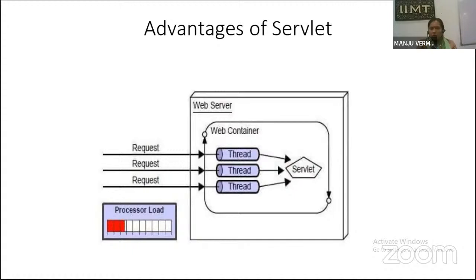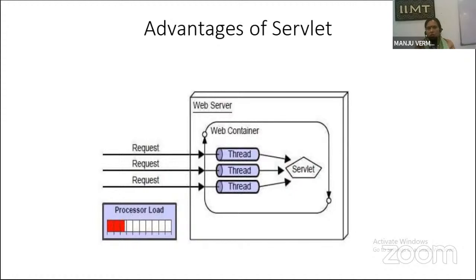Like the CGI, whenever a request is sent by a client, CGI every time generates a new process. But in the servlet, for each request, there is only one process, and for each request a new thread is created.